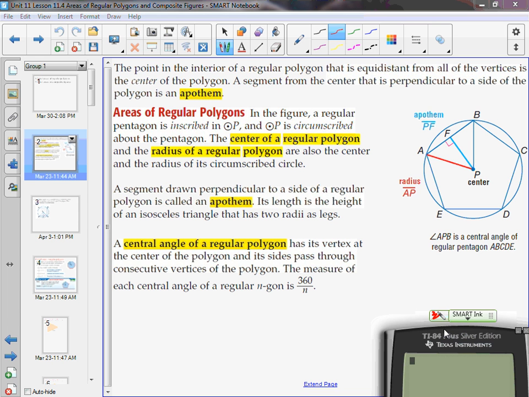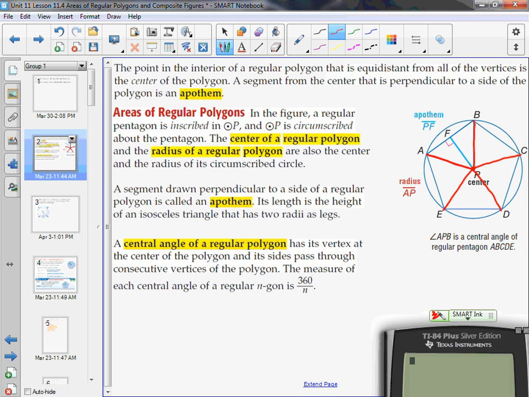There will be 5 places where you can draw a segment from the center to a vertex. Those segments are radii of the circle, aren't they? They are also called the radii of the polygon. So a regular pentagon will have 5 radii.